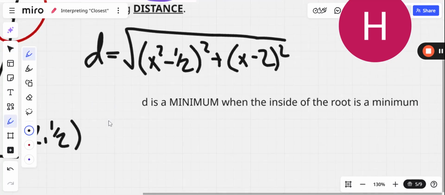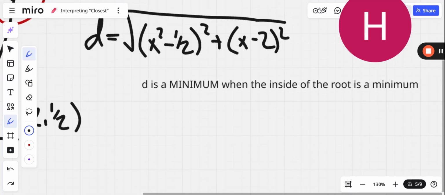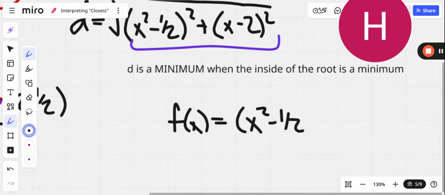So finding the x value which minimizes this function of d is the same x value, and serves the same purpose, as minimizing the inside. So if I can find a minimum of this function, x squared minus 1/2 squared plus x minus 2 squared, then we're good to go.